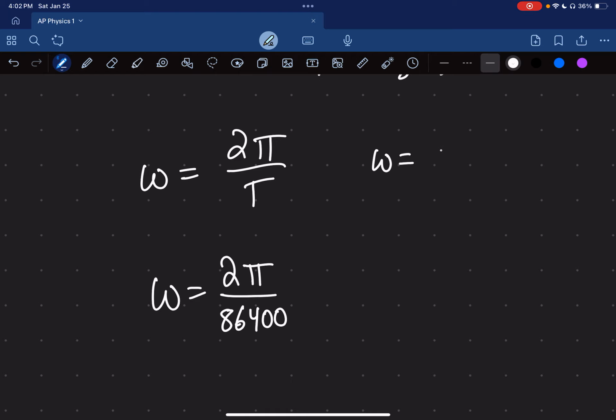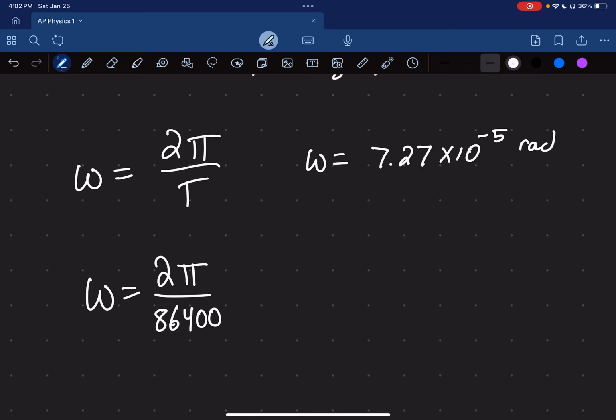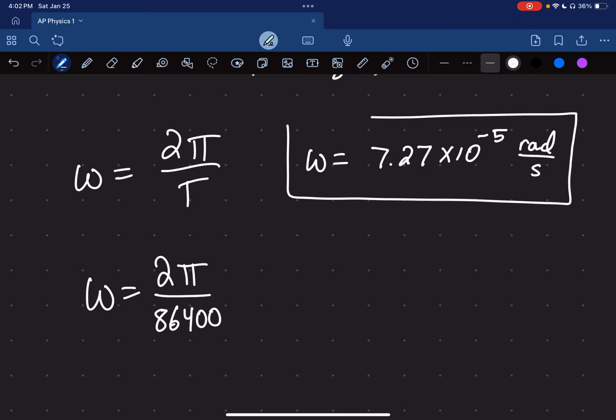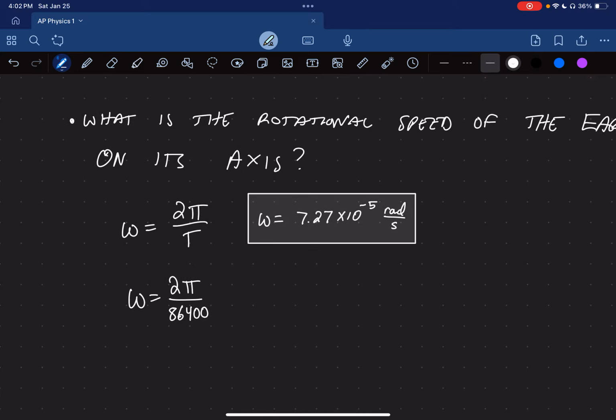And this is 7.27 times 10 to the negative 5 radians per second. Kind of a slow rotation, it seems.